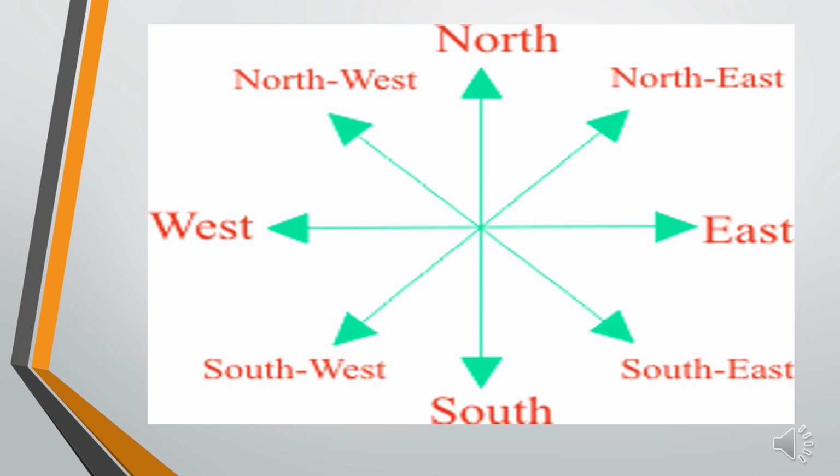The top is north, and south is always opposite to north, that is, at the bottom. To your right is east and to your left is west. Northeast, northwest, southeast and southwest are sub-directions. These lie between the 4 main directions.